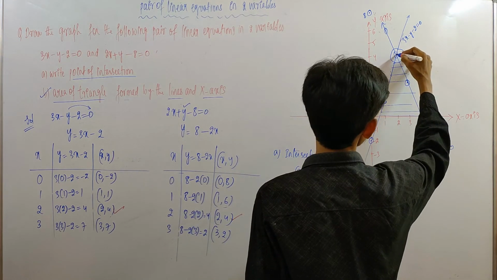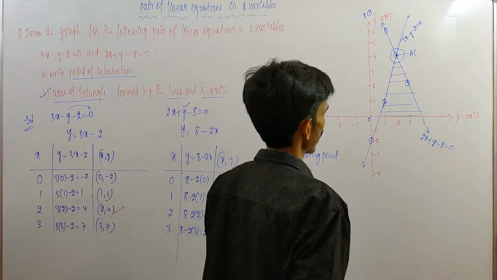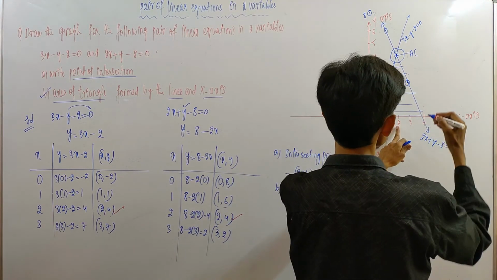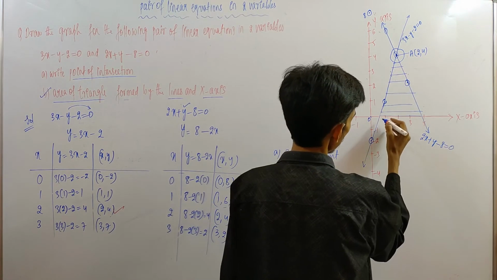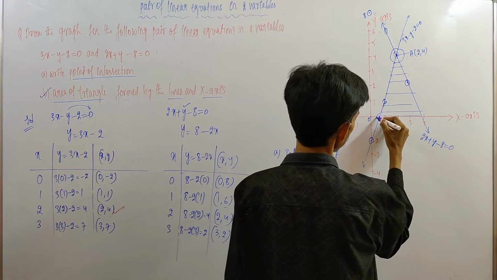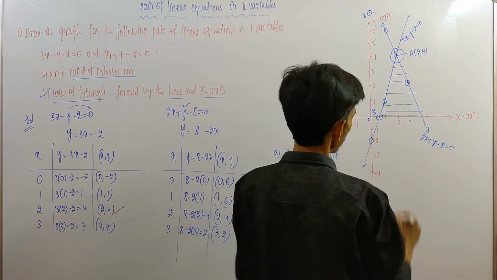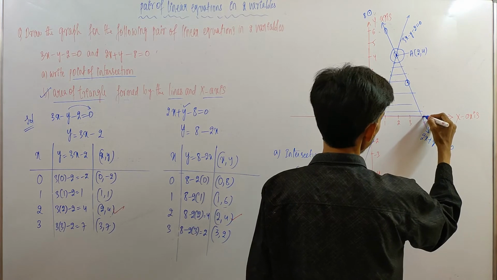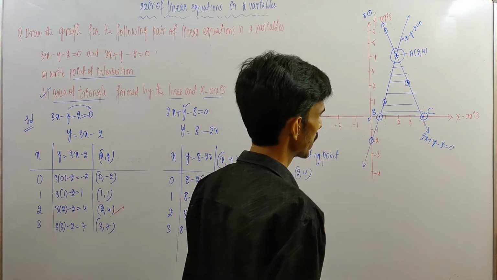Let us name this triangle: this point is A, with value 2, 4. This line intersects the x-axis at this point, let us take it as B, and here it will intersect at this point, let us take it as C. We have 3 points A, B, C.